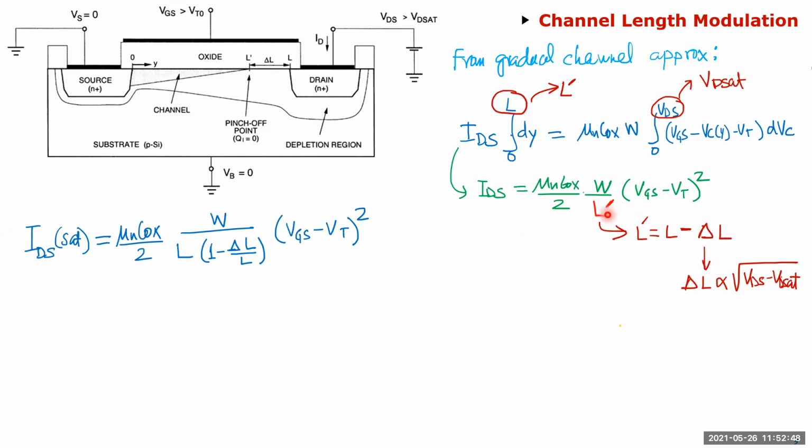So I can write L dash as L times 1 minus delta L over L. I'm doing this because I know that delta L over L is a small term, so I can do a Taylor expansion and take the linear term. And empirically, this term is 1 minus lambda VDS. So delta L over L is directly proportional to VDS, and that constant is lambda.